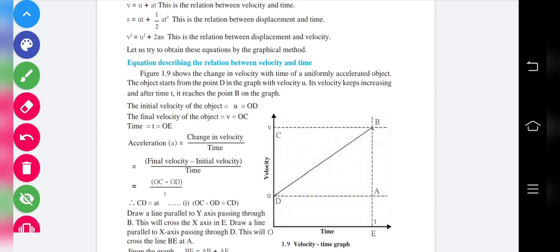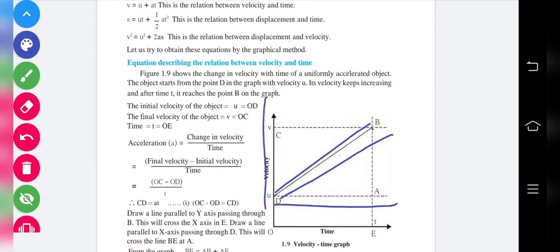So final minus initial is the change in velocity. You find that here. And you know that the uniform velocity graph is a straight line. So here the graph is also a straight line. So the time and velocity graph will be a straight line in uniform motion.